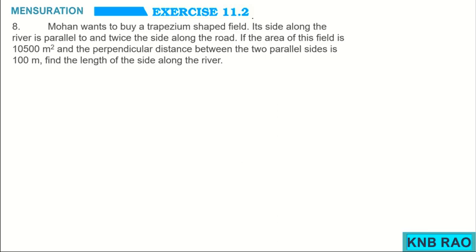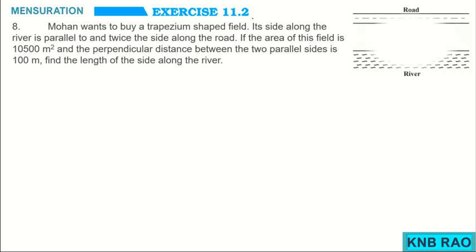If the area of this field is 10,500 meter square and the perpendicular distance between the two parallel sides is 100 meter, find the length of the side along the river. Here is the figure.